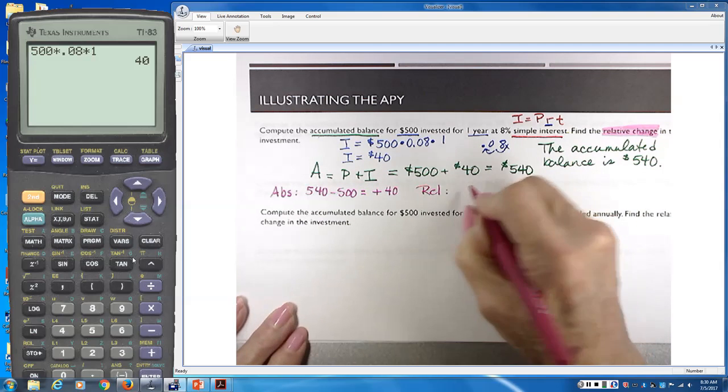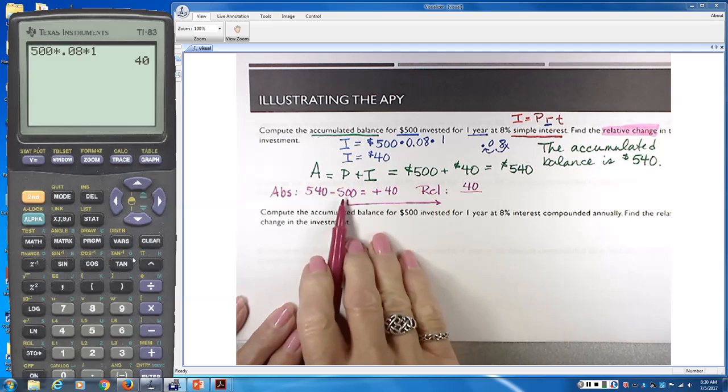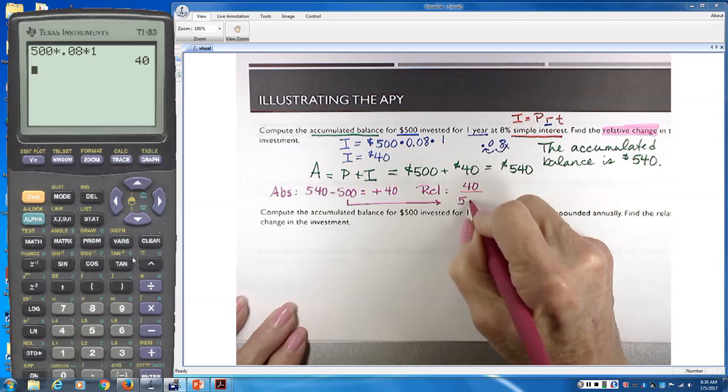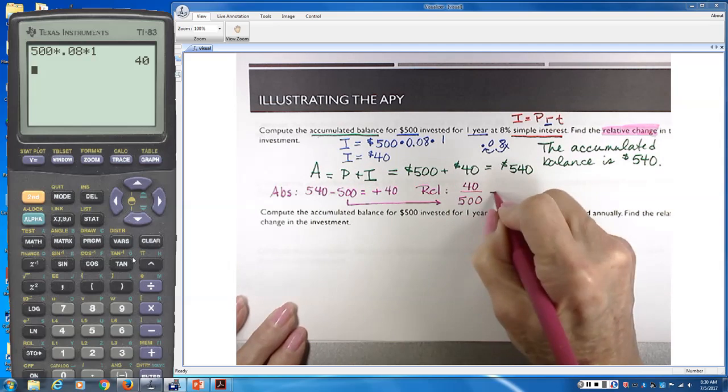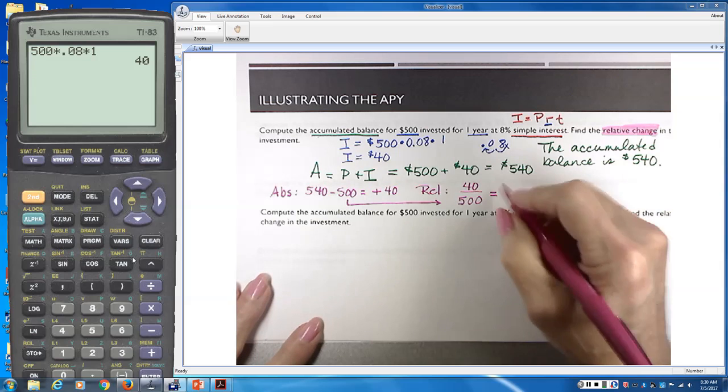And then that means that the relative change is going to be the $40 increase divided by your reference value. And for this to be positive, that means your reference value had to be 500. So that's not changed from when we actually first started the class. And then 40 over 500, if you do the arithmetic on your calculator, actually turns out to be 8%.